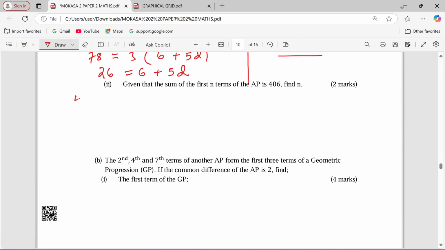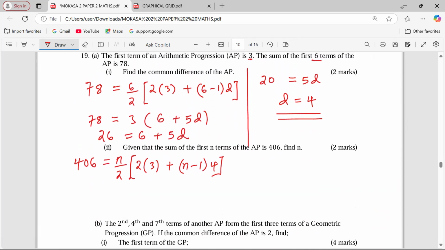So 406 equals n over 2 into 2 multiplied by a, which is known, plus n minus 1 multiplied by the common difference, which we have just calculated as 4. We just substitute into the formula again. This question is just like the one above, only that now we are varying the unknown: in the first question it was d, now it is n.